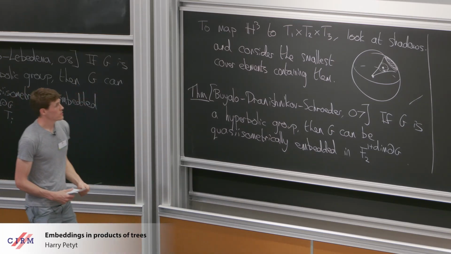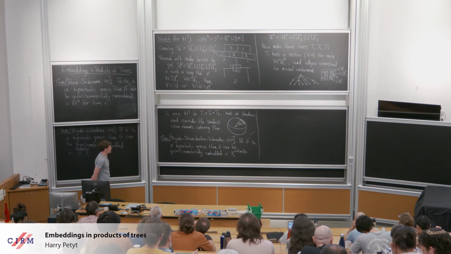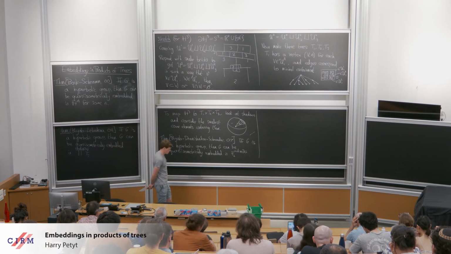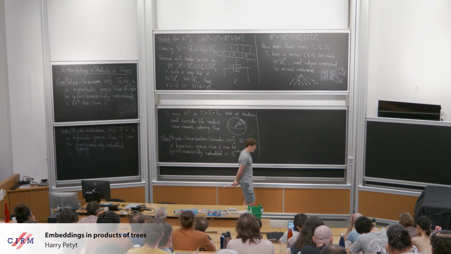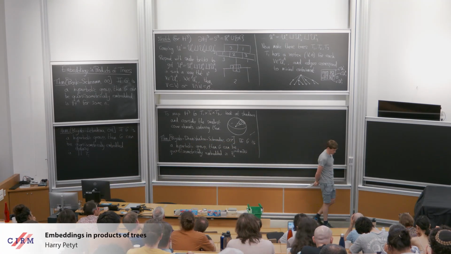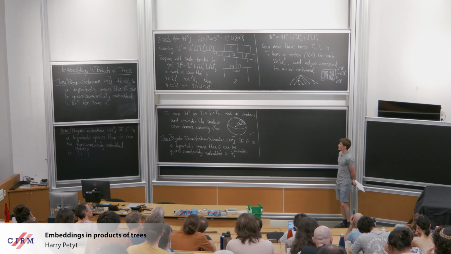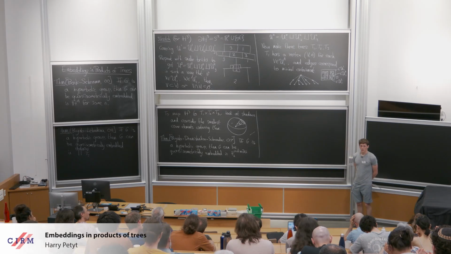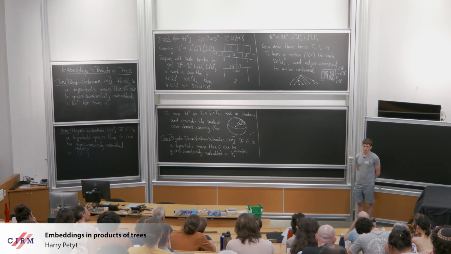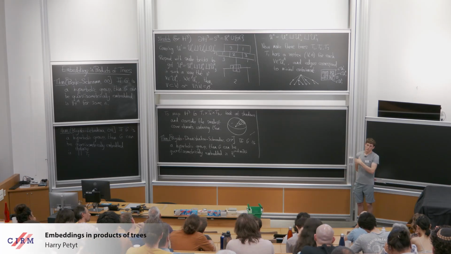Okay, so that's the situation for hyperbolic groups. Outside of hyperbolic groups, in most cases, there's not really that many results. There's a result of Mackay and Sisto that says that if you're relatively hyperbolic and the peripherals quasi-isometrically embed in a finite product of trees, then the relatively hyperbolic group does as well.